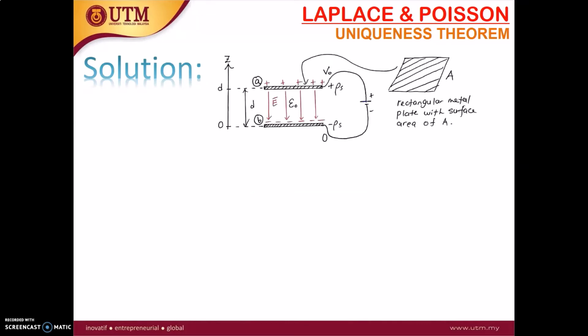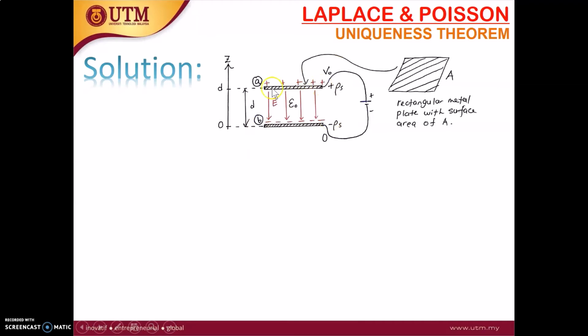Okay, first we have to sketch. Let's say I assume that our rectangular metal plate is placed on the XY axis, or parallel with the XY axis. So I put one plate at Z equal to 0 and another plate at Z equal to D. And I connect the positive V0 to the upper plate and ground to the bottom plate.